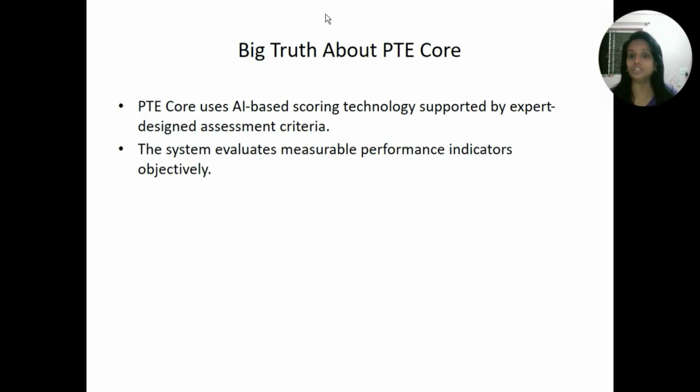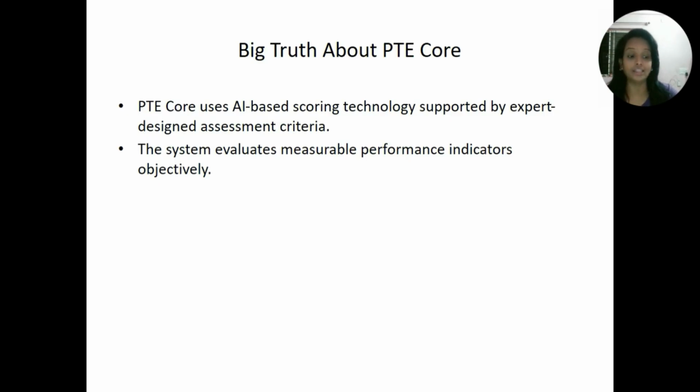So the system does not care if you feel you did well. It scores what it can objectively measure. For example, if your pronunciation is unclear, the system automatically detects it. If your fluency breaks repeatedly, the system notices it. If your writing lacks structure, it gets penalized. If your answer is off topic, then marks are lost immediately. This is why understanding the scoring criteria is not optional, it is essential.